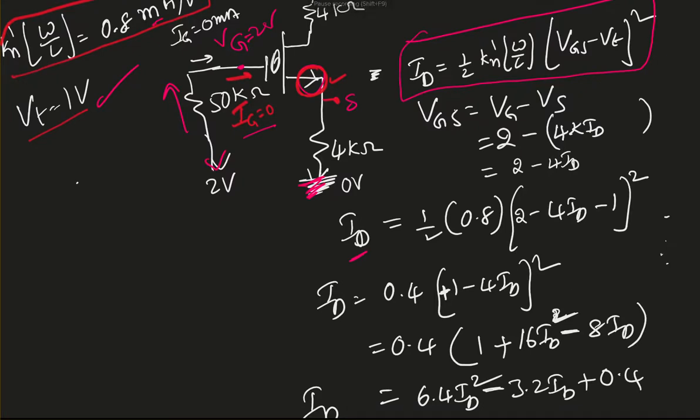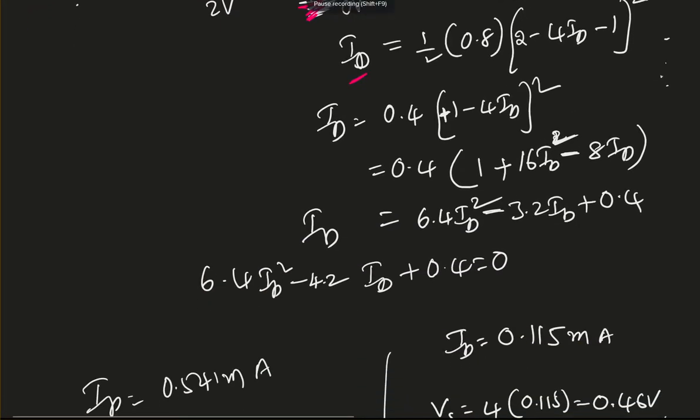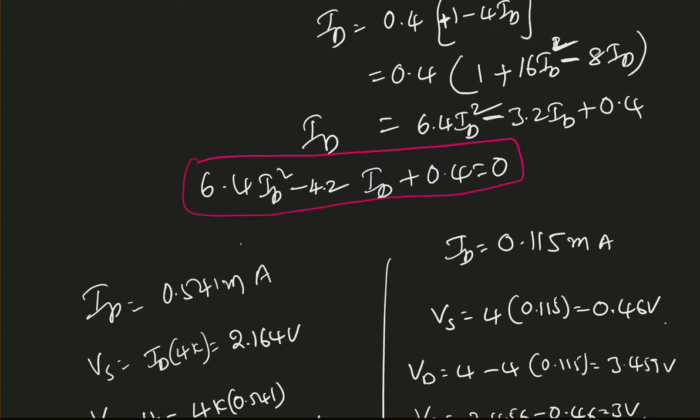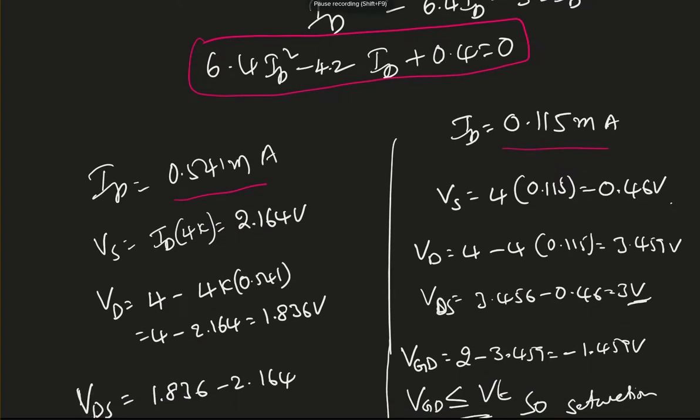Okay, so if I take that in milli, here is the quadratic equation. We end up with 6.4 ID square minus 4.2 ID plus 0.4 equal to 0. Then it's a quadratic equation, so I end up with two values: ID equal to 0.541 milliampere, and ID equal to 0.115 milliampere. So I'm going to solve for 0.541.